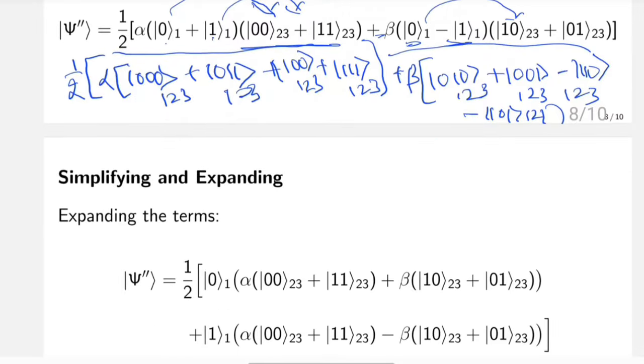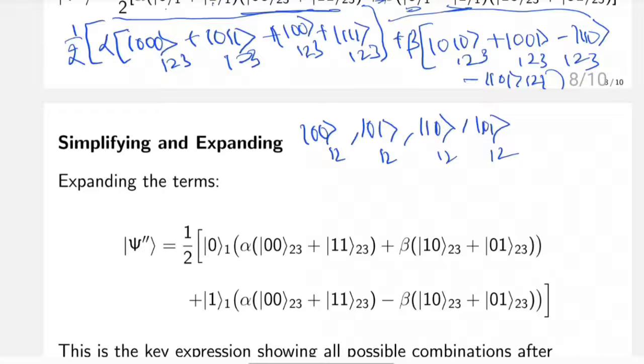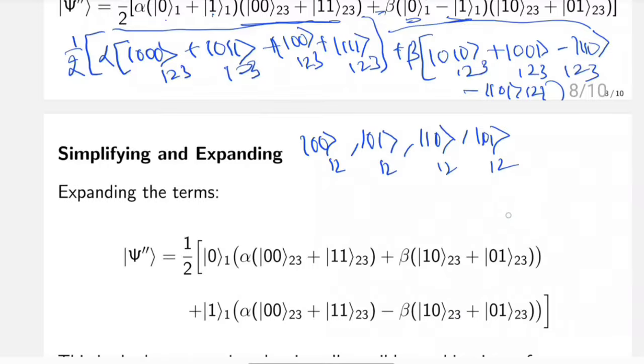So what I am doing is, from this particular step, you take ket0 0 1 2, ket0 1 1 2, ket1 0 1 2, and ket1 1 1 2, and take common from all those terms. If I take ket common from all those terms, I will end up getting these results.